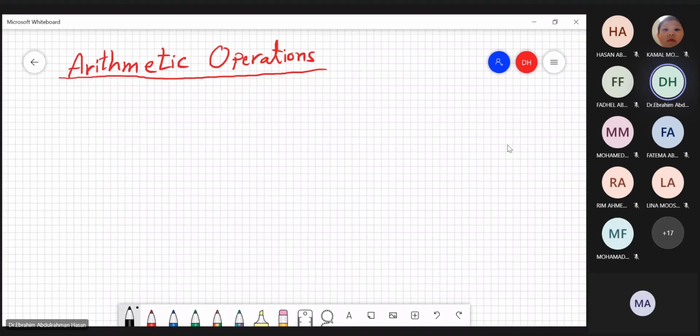Let me start with one simple example. Suppose I want to find A00E base 16 and subtract from it 2F base 16.